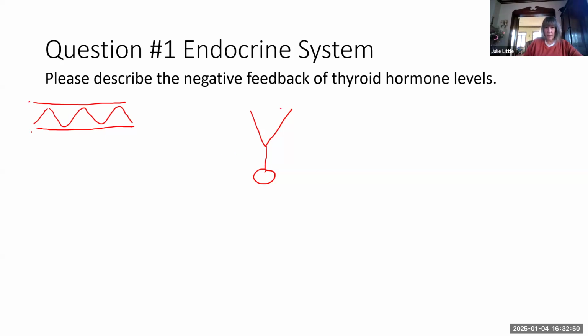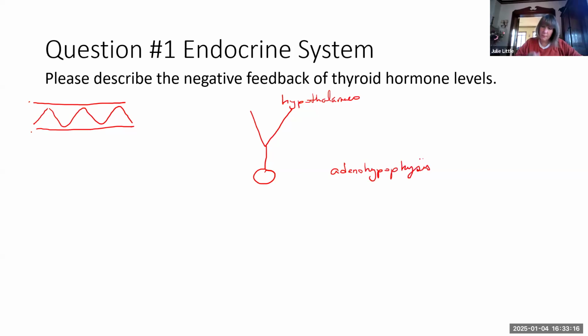So here is your hypothalamus, this V-shaped structure. And we know that this hypothalamus, because we have already had biology 141, is in the brain. And the hypothalamus is going to control the pituitary gland. In particular, what we're looking for here is just the anterior pituitary, which is called the adenohypophysis.